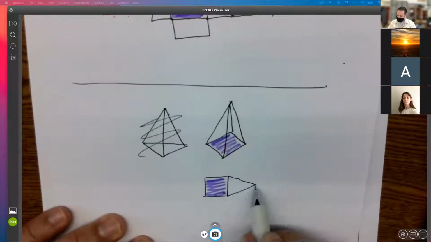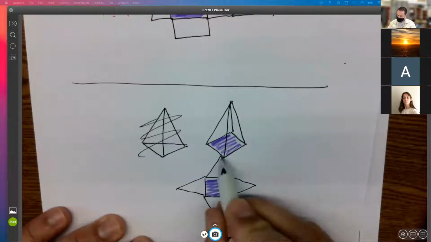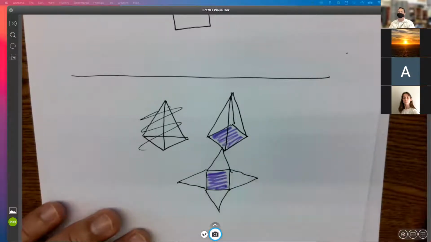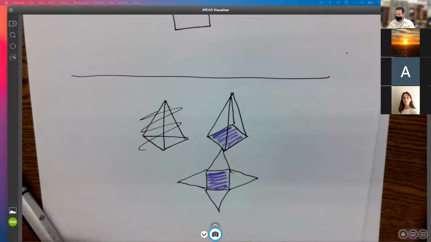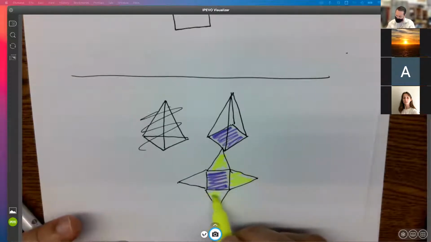Triangles, right? We'd have triangles coming off of each of these edges. And can we agree that this would fold up to make this shape? So if I want to find the lateral area, that means the surface area, but not the bases.